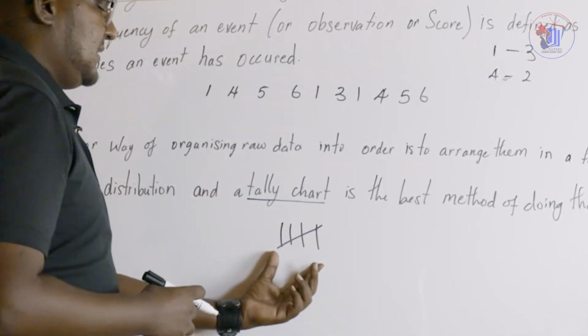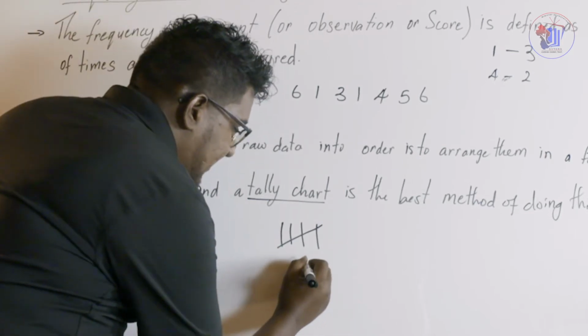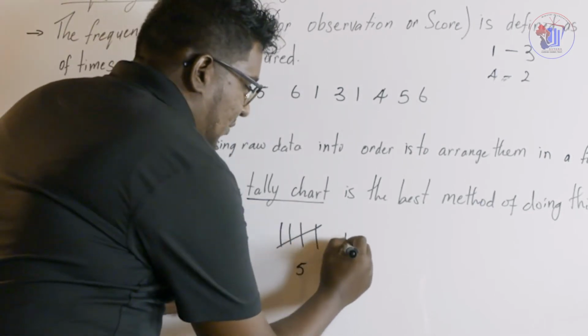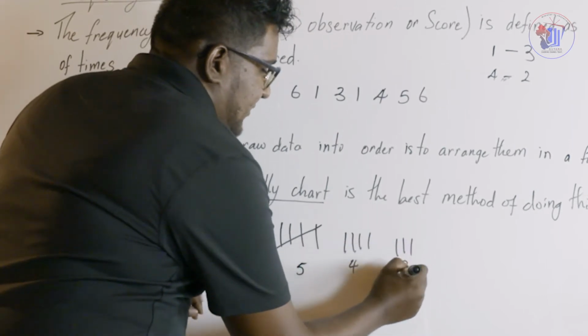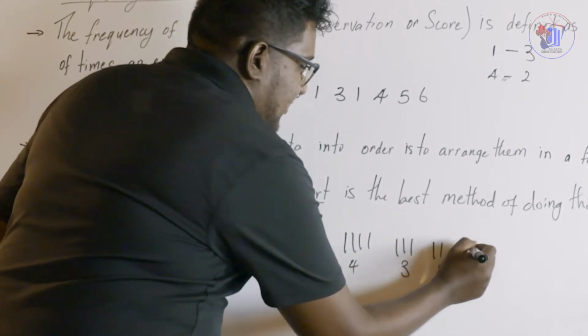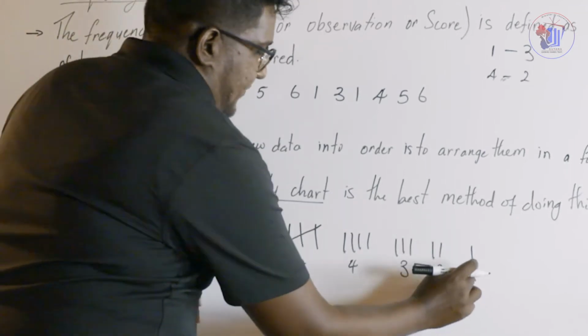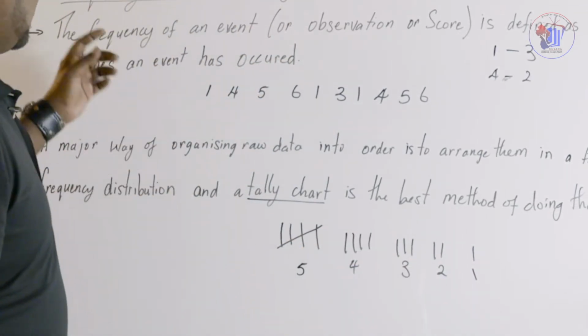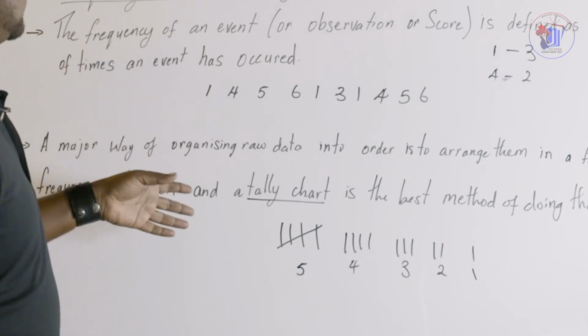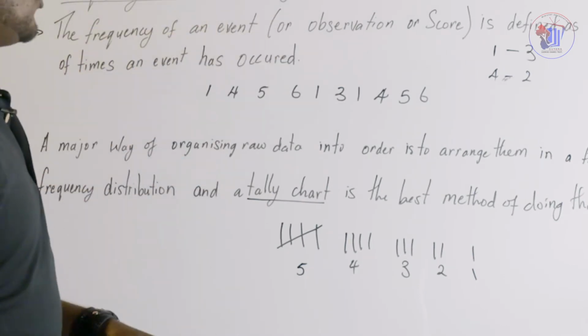So every time you see this, it represents 5. 1, 2, 3, 4 is going to be 4, 1, 2, 3 is going to be 3, 1, 2 is going to be 2, and this is going to be 1. So we're going to use a tally chart in our frequency table to record our ungrouped data.